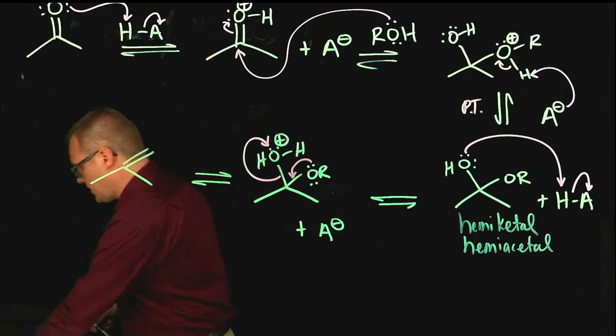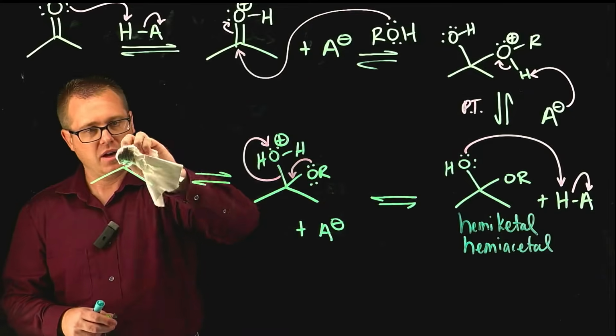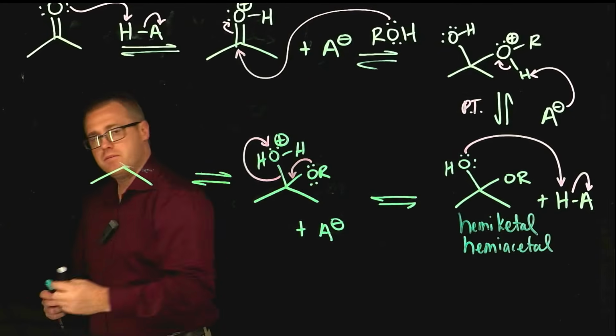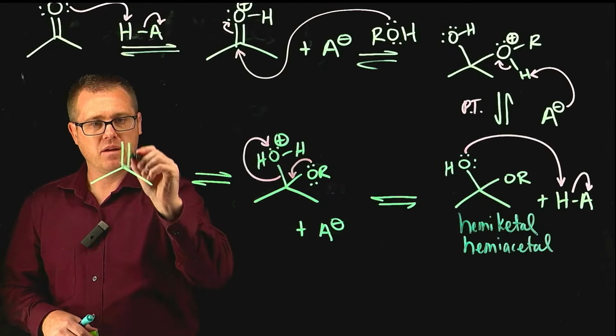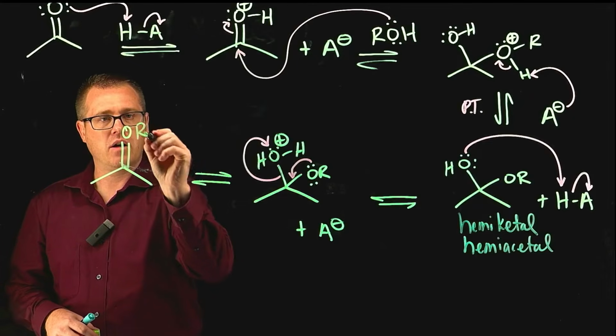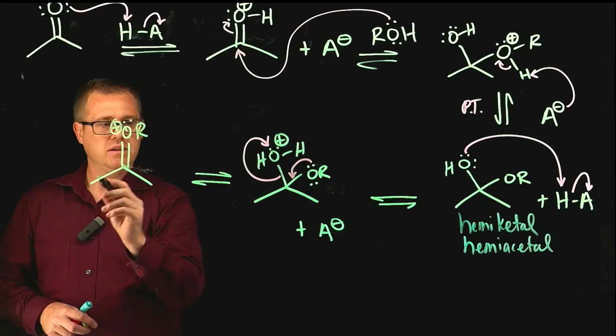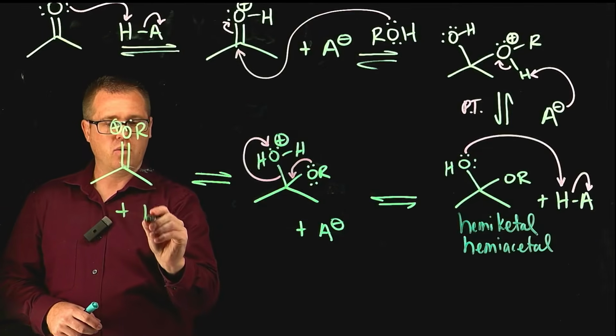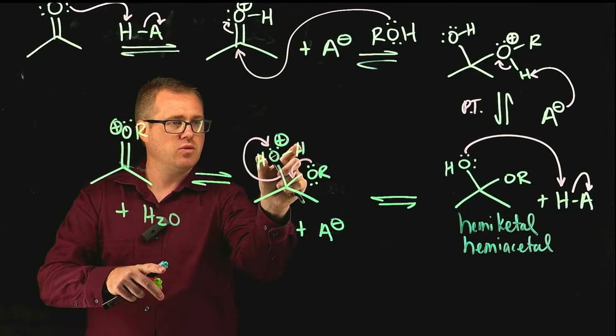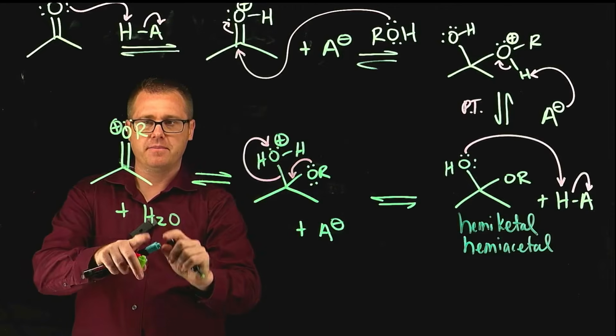Well, let's draw it with the proper geometry here. Double bond O, OR. That will be positively charged now. And plus water that just left. So this water molecule right here is that right there.